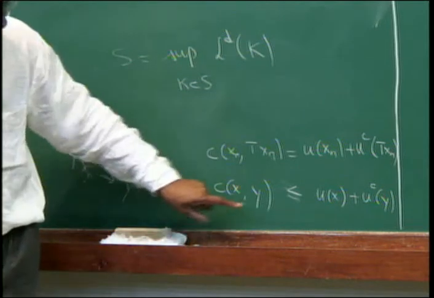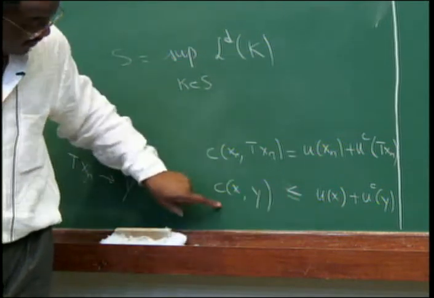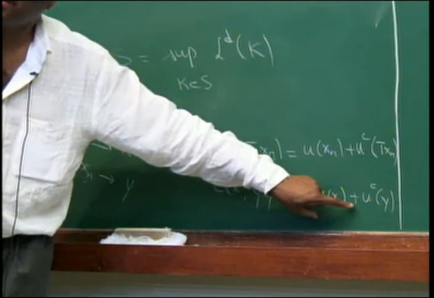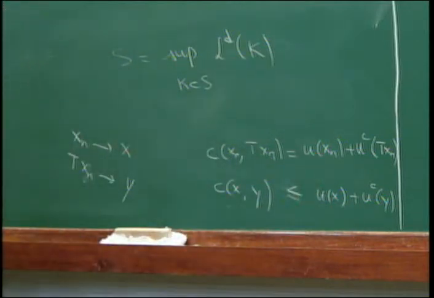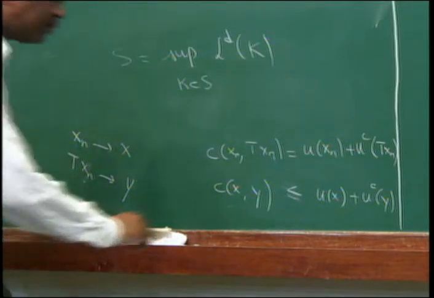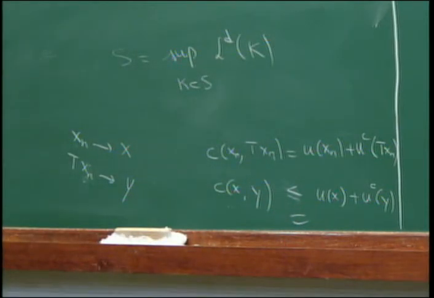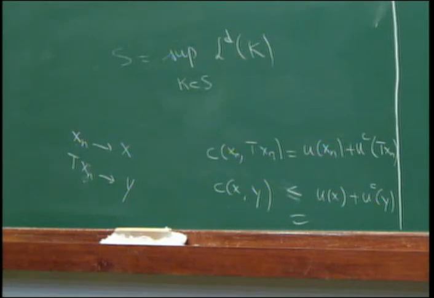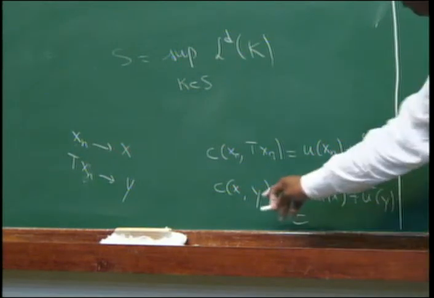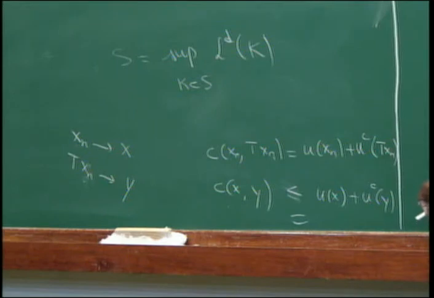But C is bigger than U plus U^c. Therefore, this inequality implies that C of x, y is U of x plus U^c of y. But when x is in the domain of definition of U, y is such that the equality holds is uniquely determined, and y is T of x.